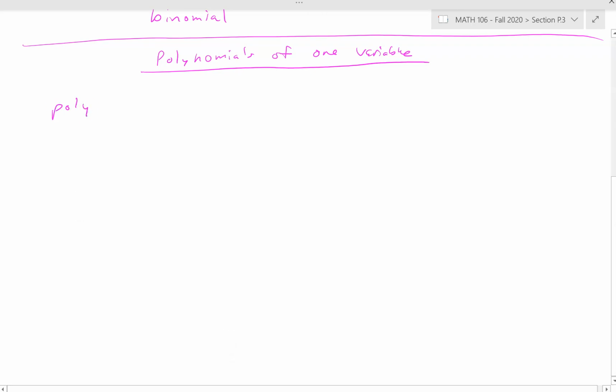A polynomial in the variable x is a sum of monomials in x. So if we're looking at a polynomial of one variable, each monomial had better have just the single variable x.